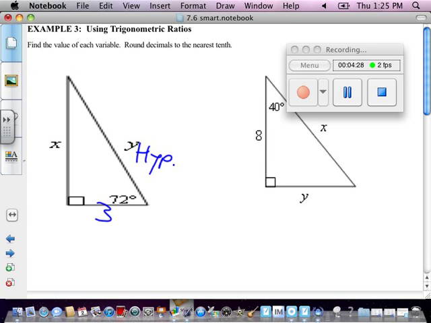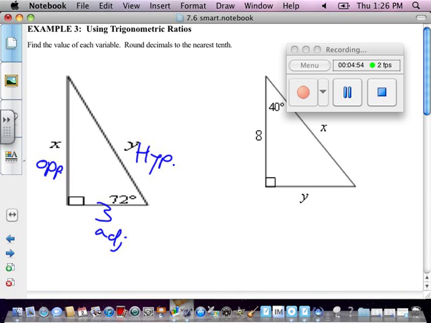Which side, tell me the letter or the number, is adjacent? 3. Which side, number, letter is opposite? If anybody has trouble with naming what those are, please let me know, because that's going to make your life so much easier if you can understand that.